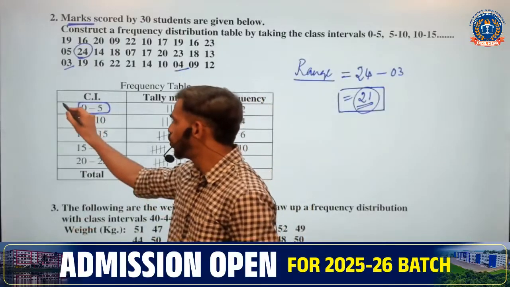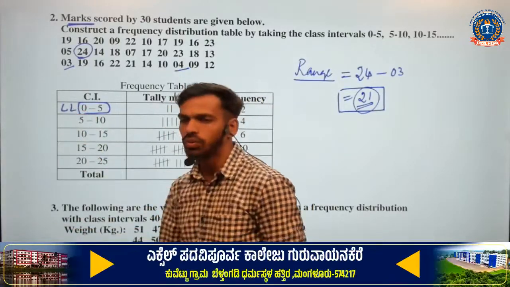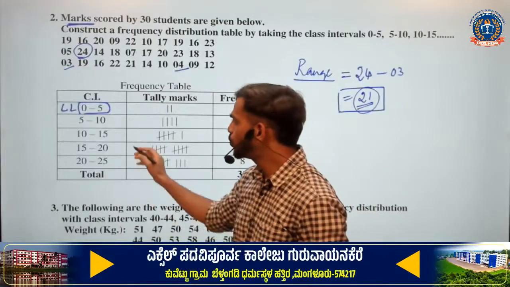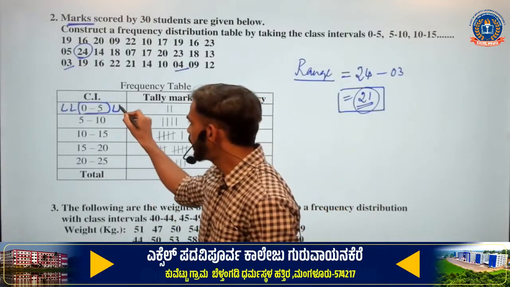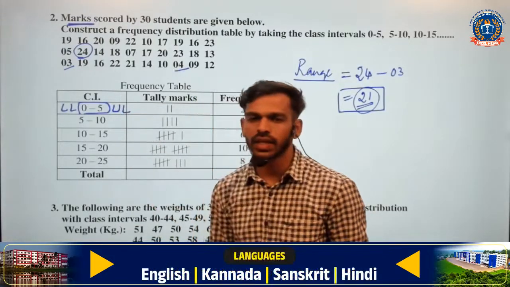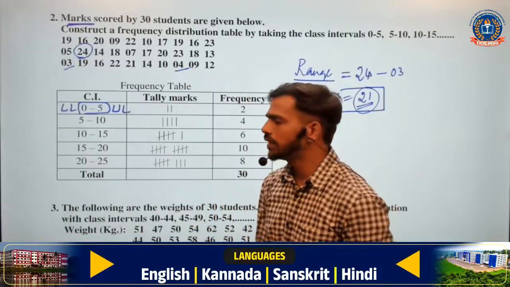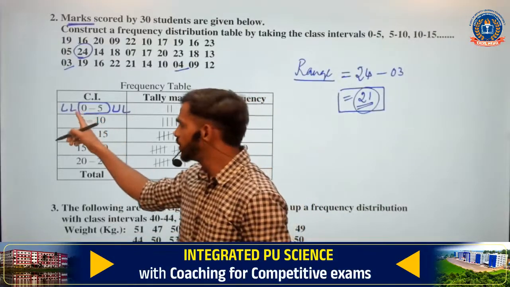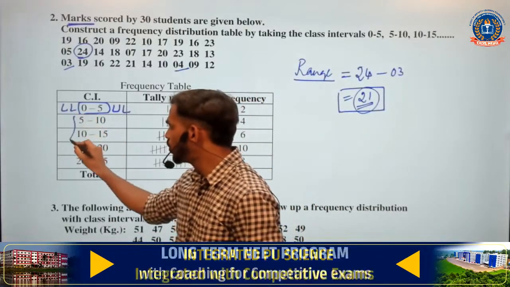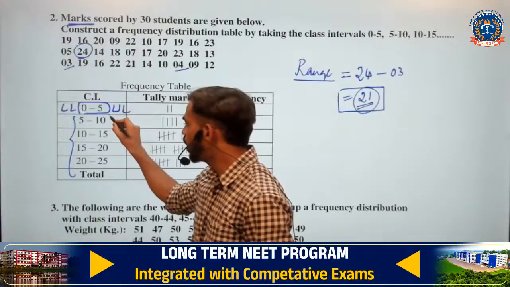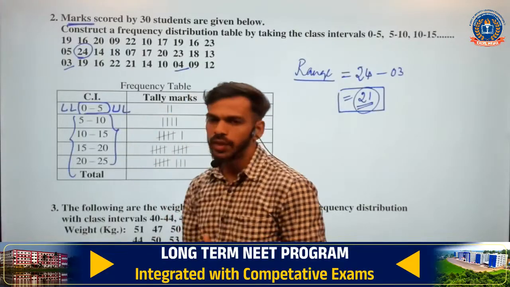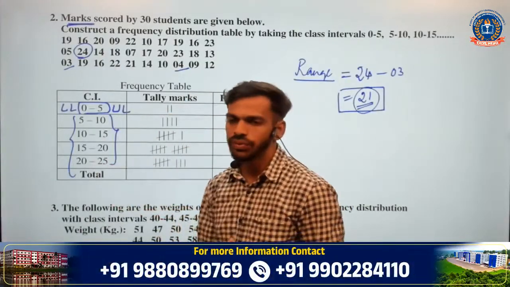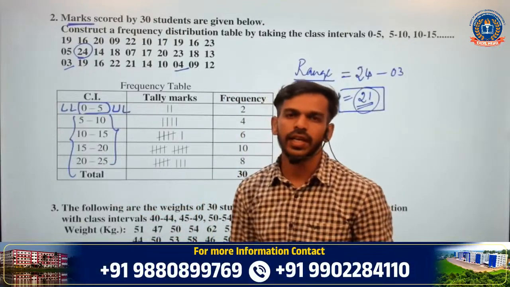The first one is the lower limit, the lowest value, and the highest value of that class will be the upper limit. Each class will have a lower limit and an upper limit. All these are lower limits and all these are upper limits.